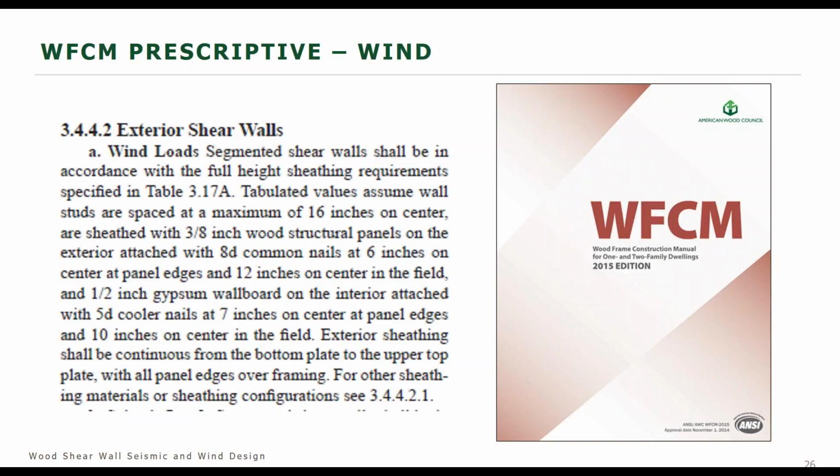We've got nails attaching it with 6 inches on center spacing at the edges of the panel and 12 inches on center spacing in the field. And then on the inside of the wall, it's assumed that you've got 1/2 inch gypsum wallboard attached with 5d cooler nails with a 7-inch edge spacing and a 10-inch field spacing.